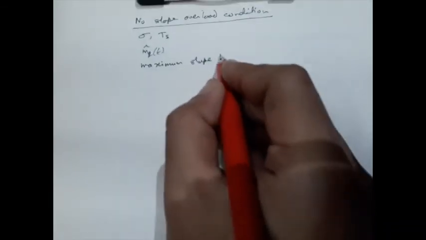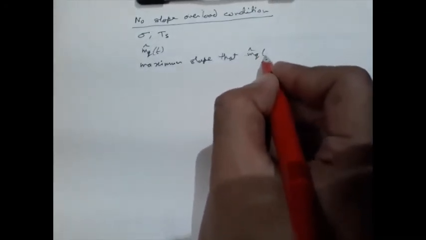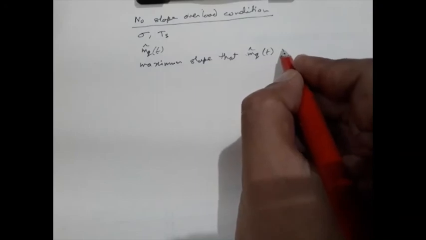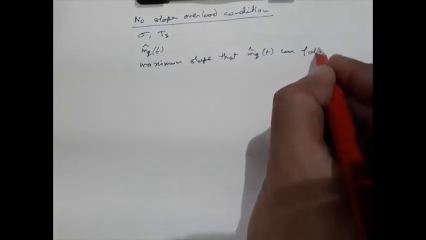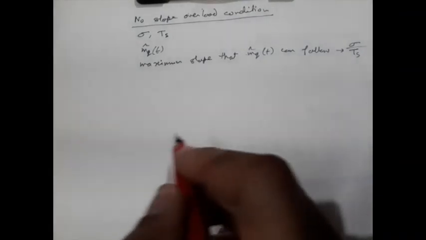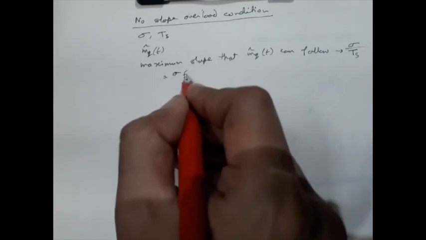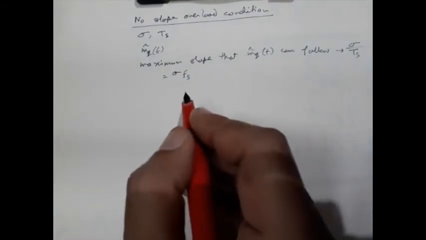So the maximum slope that the integrator output can follow is sigma by Ts, or that is equal to sigma into Fs. Fs is the sampling frequency.